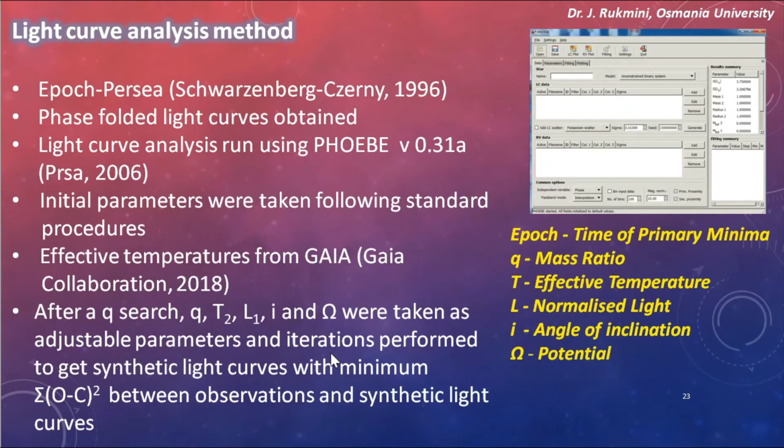So the important parameters like mass ratio Q, effective temperature T, the normalized light of the whole system L, the angle of inclination of the plane of the orbit with respect to the sky plane, the gravitational potential of both the systems omega.